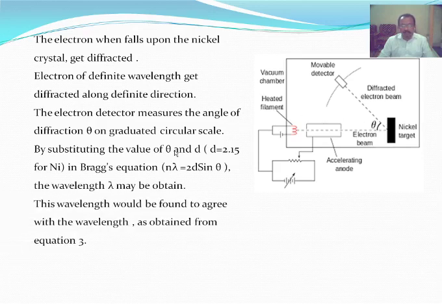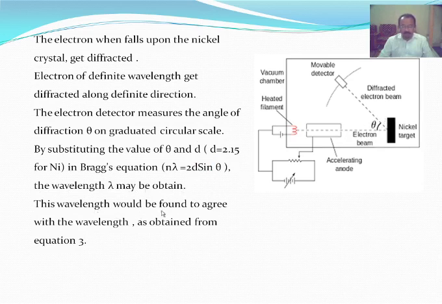By substituting the value of theta and d, the interatomic distance or interplanar distance for the nickel, which is 2.15, in the Bragg's equation, that is n lambda is equal to 2d sine theta. Now n is 1 because we measured that angle for first order. d is 2.15 and this angle is theta, which we measured. Now thus we can get the wavelength lambda from this second part.